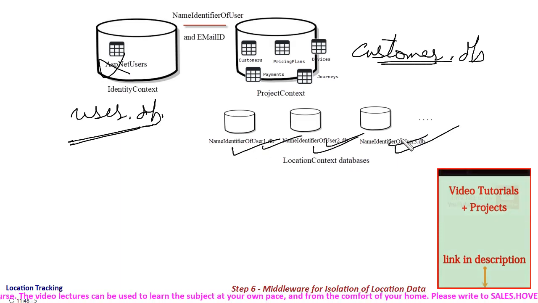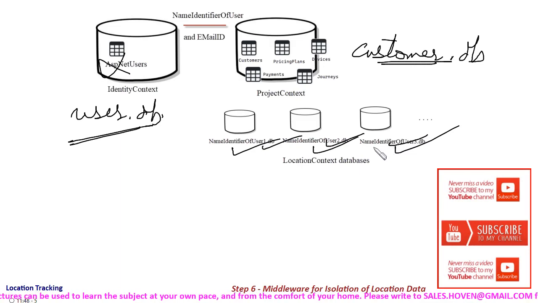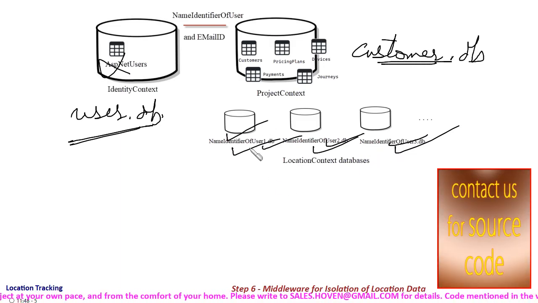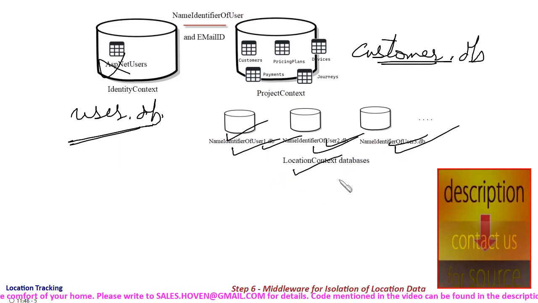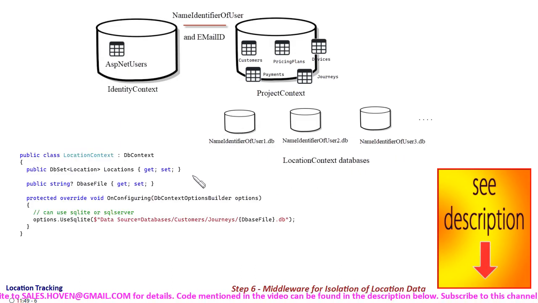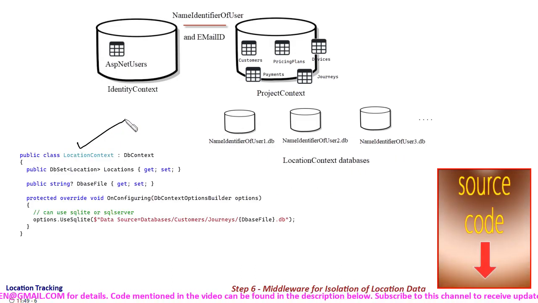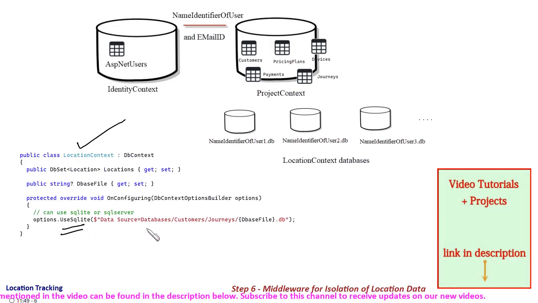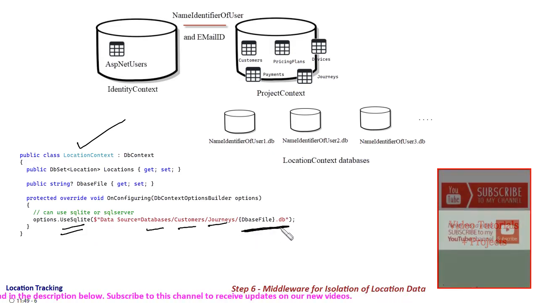Therefore, we need some sort of middleware that reads the incoming request, reads this identifier, and makes a correct name in the location context database. Let me show you the DB context for this location context. You can see the code. There we have said use SQLite, databases folder, customers folder, journeys folder, and this is the name of the file.